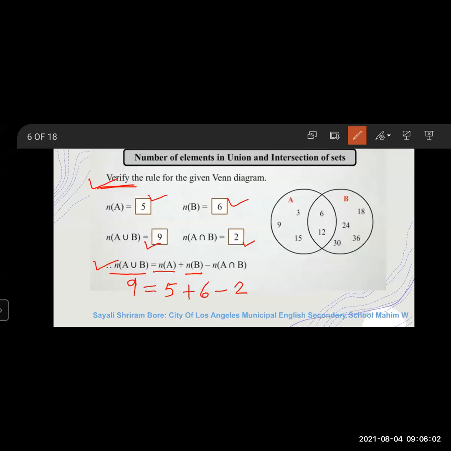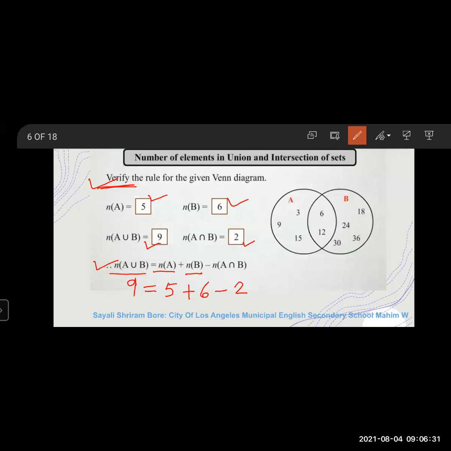Now there are students, I am not saying all students, weak students, who are confused whether to do the addition first or the subtraction first. This is basic, which you studied in your lower standard, I think in primary section. Still some students get confused.